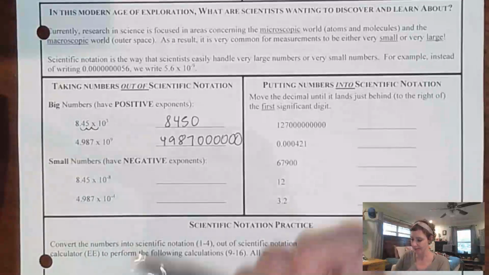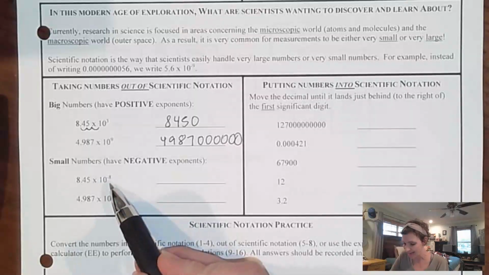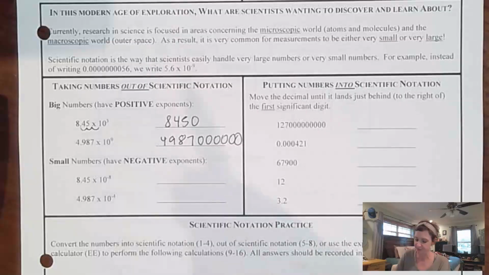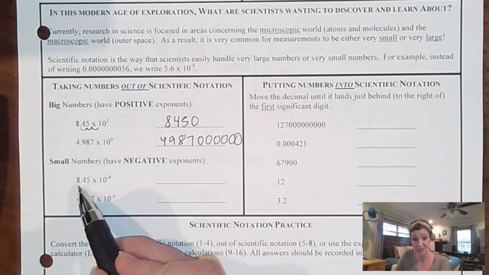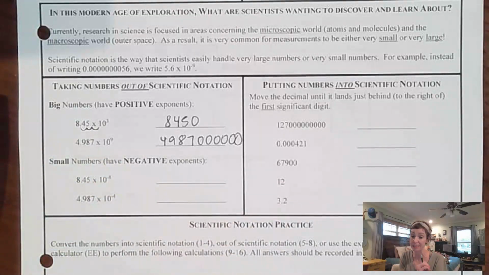Okay, so here's the opposite. My small numbers are represented by negative exponents. So here I have a times 10 to the negative 8th, which means, because of that negative sign, this number needs to be smaller than what I see in its scientific notation form. So I have to move it the other way so that the decimal gets as far away as possible and is followed by those zeros that are characteristic of these small numbers.